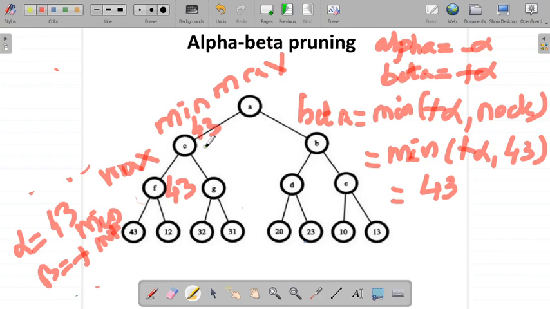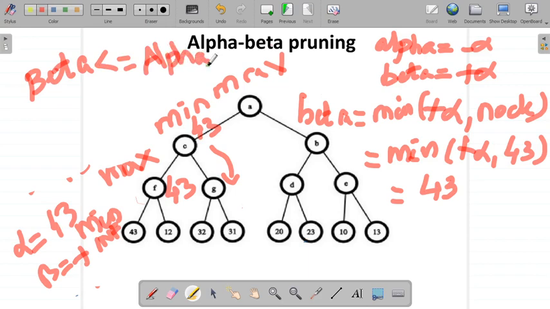Now we should check the condition beta less than or equal to alpha. If the condition is false, we can explore further. Otherwise, we stop here. So what is the value for beta? That is 43.